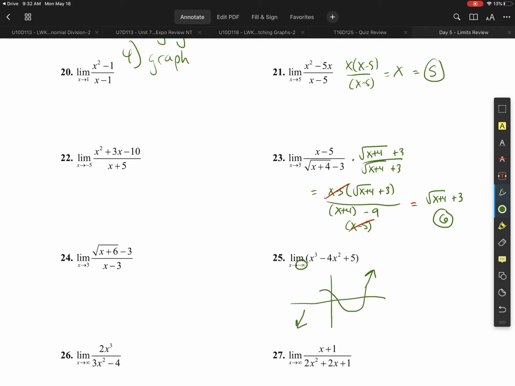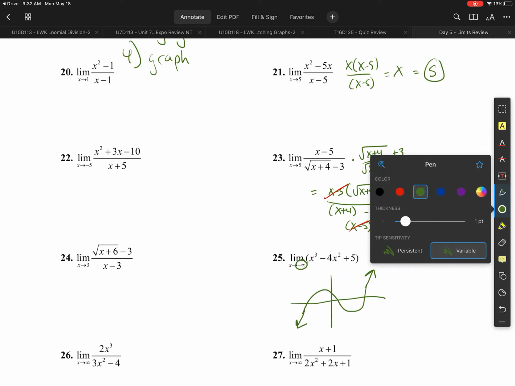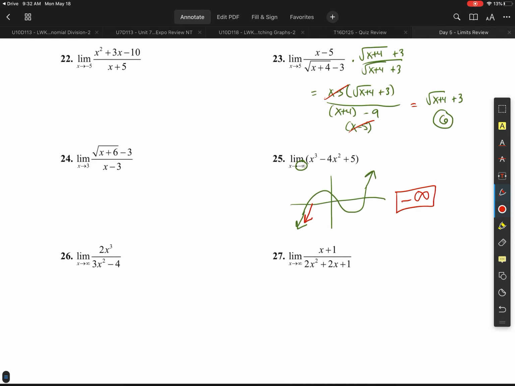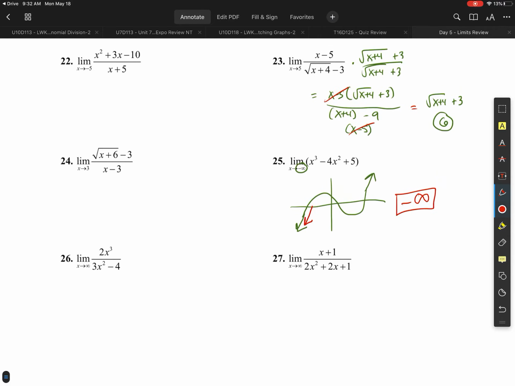Since it's an odd degree, it has to end in opposite directions. Now this graph may not be perfect. I have no idea what the intercepts are. It doesn't really matter to me. I just know that as I go towards negative infinity, based on the lead coefficient and degree, this has to go down. So this is just strictly based on higher degree function graph rules.